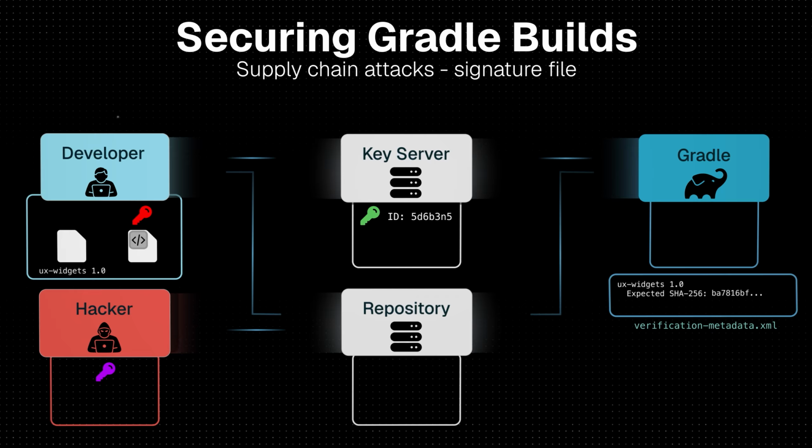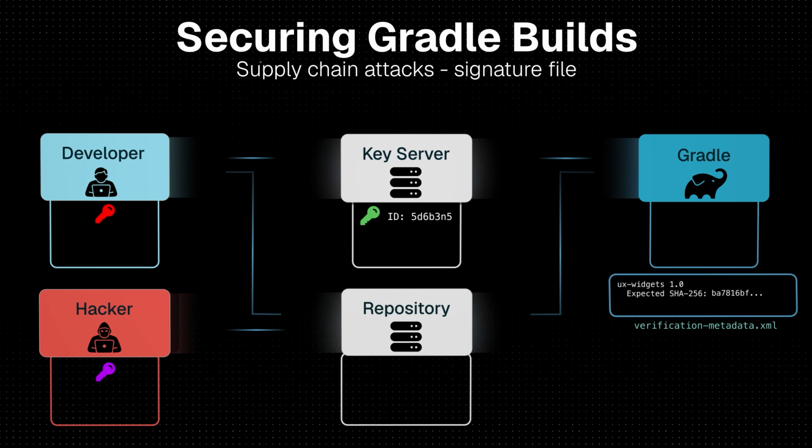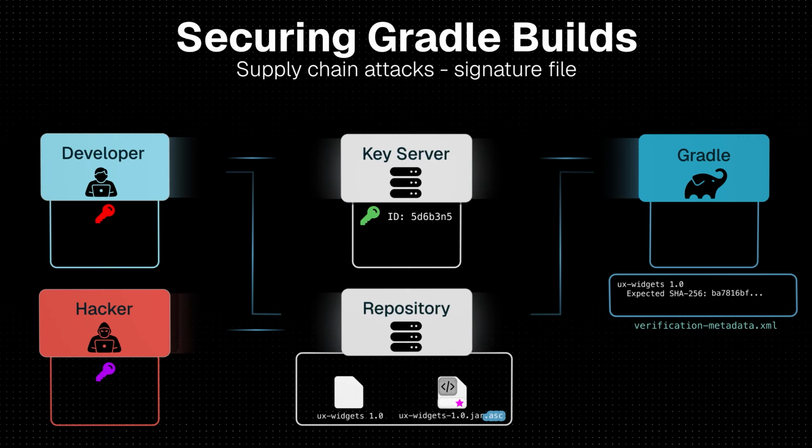Then, this file is signed using the publisher's private key. It is then published along with the artifact. This separate file is known as a signature file and typically is named after the artifact file plus an additional .asc extension.